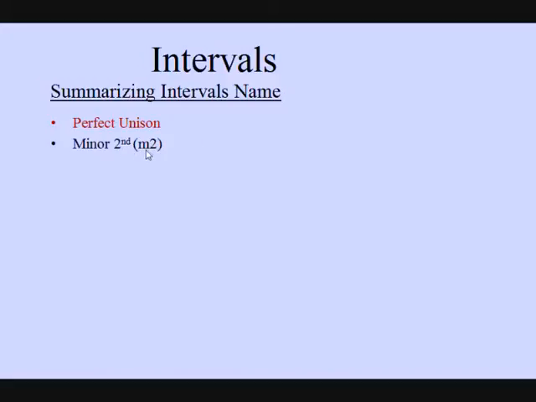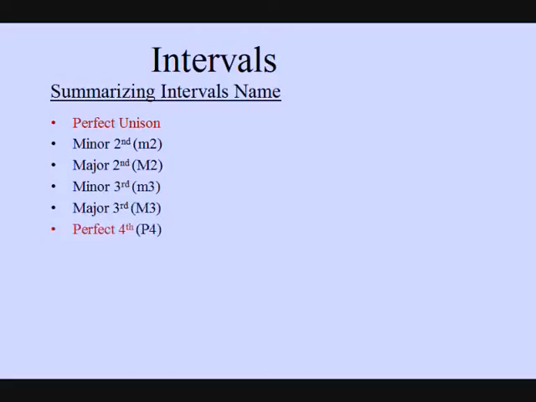We usually write it as m2. The major second, with an uppercase M2, and then the minor third, the major third, then the perfect fourth, which we usually write down as P4.